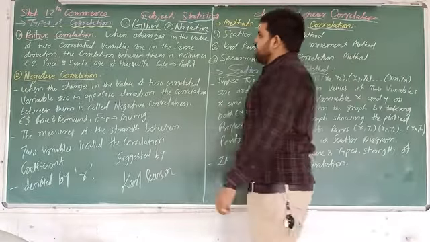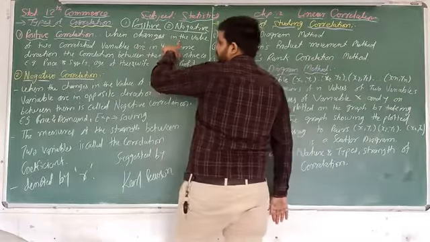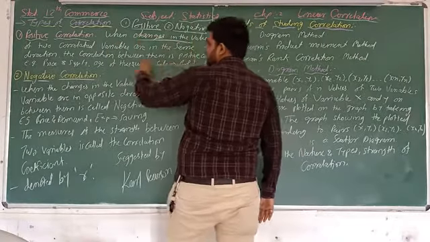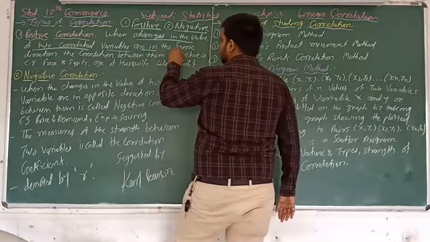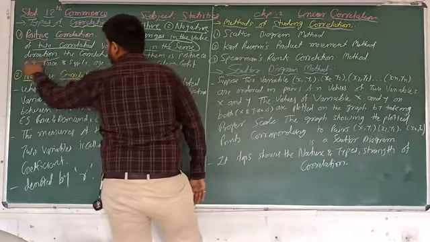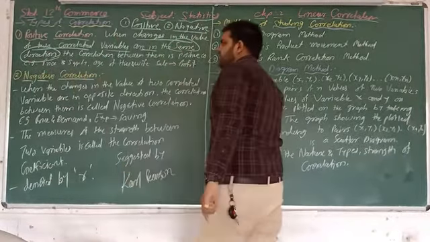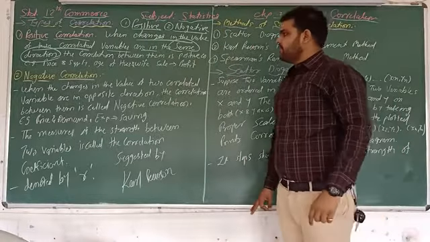So when the changes in the variables of two correlated variables are in the same direction, the correlation between them is positive correlation.